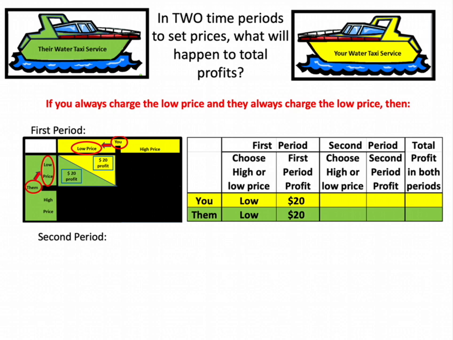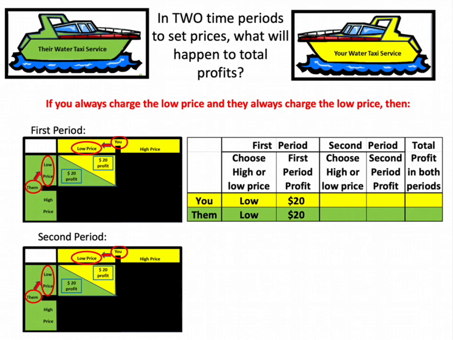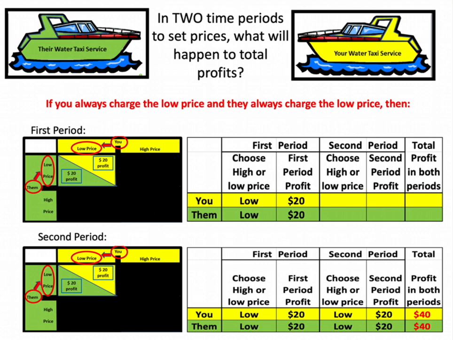What happens in the second period? Well, we said in every period, you go low, and in every period, they go low. So in the second period, they're going to go low, you're going to go low. And if we complete the chart, we now see in the second period, you each do the same thing, and now there's a total profit for 2 periods of $40 each.